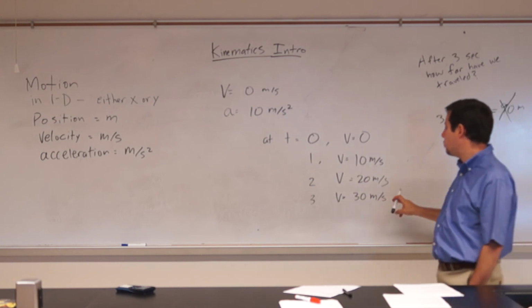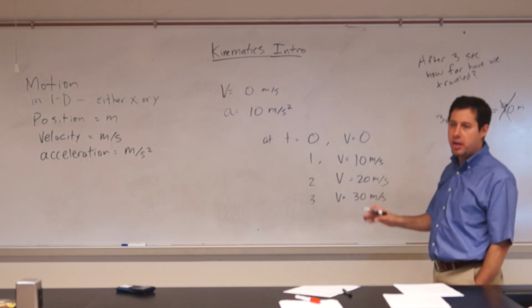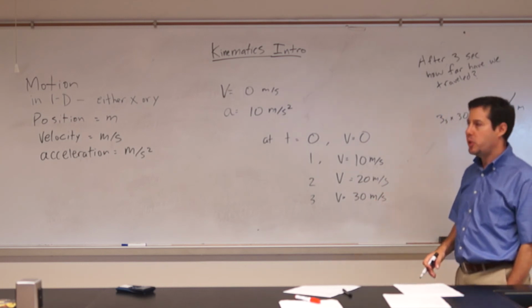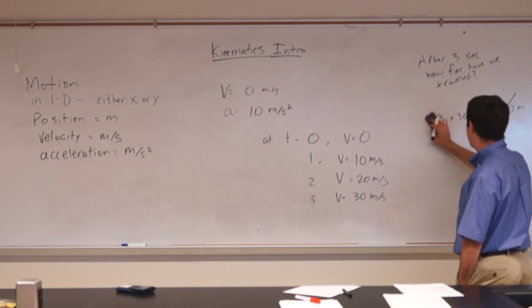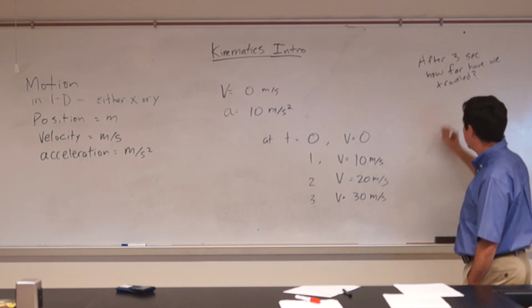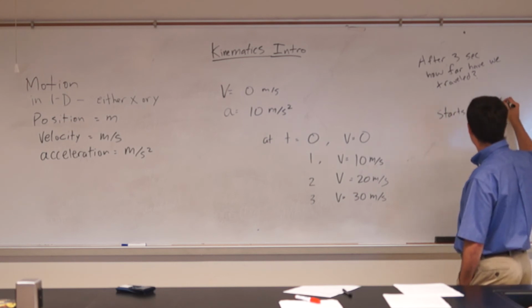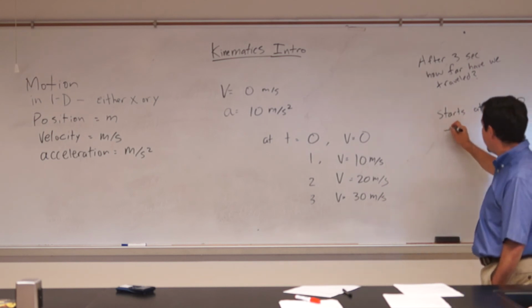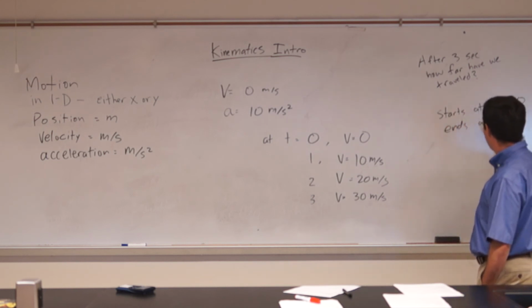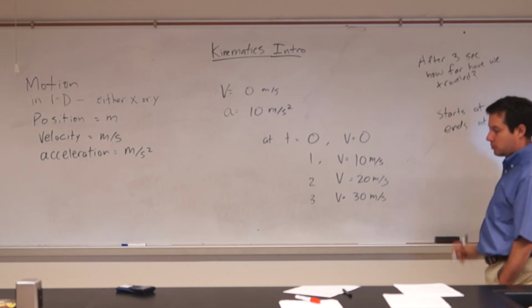Because the car didn't start at 30 meters per second. This would work if the car started at 30 and ended at 30. But it hasn't been traveling at 30 the whole time. It started at 0. Now v naught means its initial velocity. It ends at 30 meters per second.